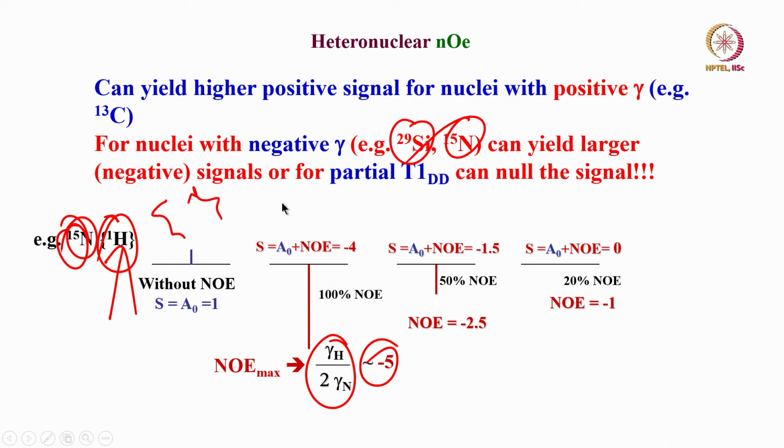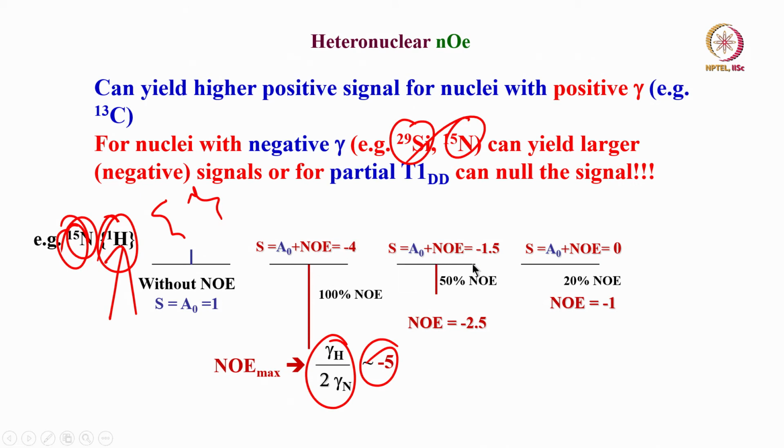Now, with 100% NOE, it is going to be minus 4, because the gamma of nitrogen 15 is 10 times smaller than that of proton, you work out it turns out to be minus 5. But with 100% enhancement, if you take minus 5 and add 1, it will be only minus 4, still negative, there is not much gain in the intensity for you.